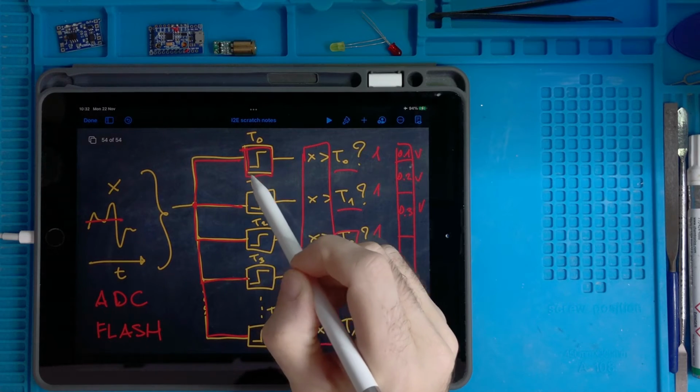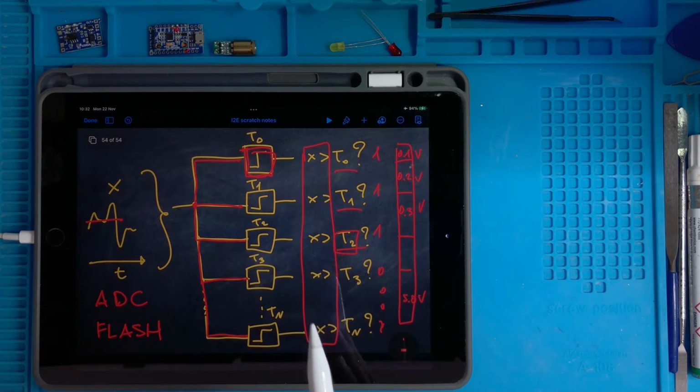So if one is done, all the others will be done simultaneously. So this technology is important if you want to be able to convert a signal from analog to digital in a very fast way, but there is a cost, there is a catch that we have to pay.